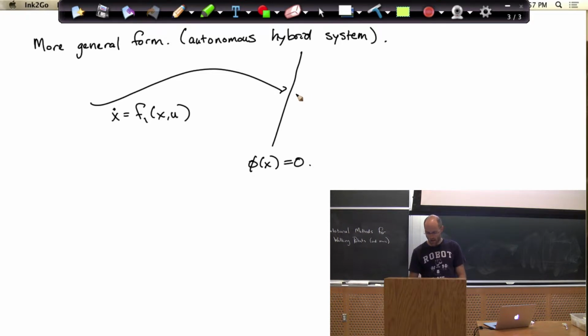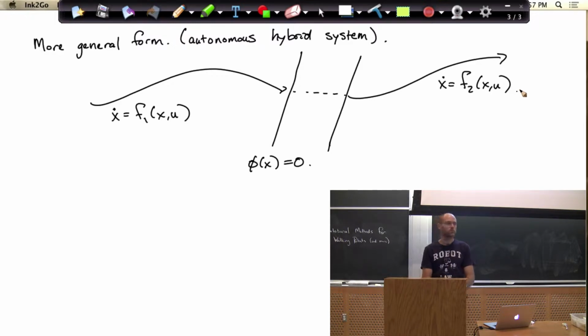Then I have this discontinuous event, and I start up again being smooth in my new, potentially different dynamical system, F2 here.